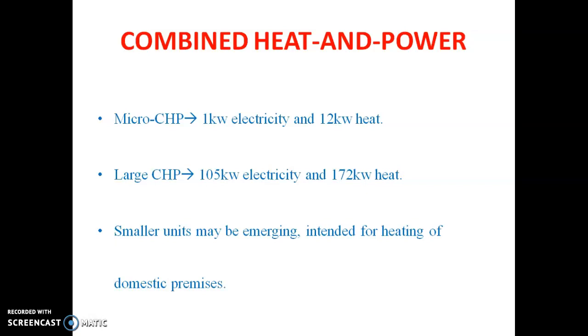From micro CHP, the electricity we get is 1 kilowatt of electricity and 7.5 to 12 kilowatts of heat. But for larger CHP, we will get 105 kilowatts of electricity and 172 kilowatts of heat. Small units are also emerging and are intended for heating of domestic premises.